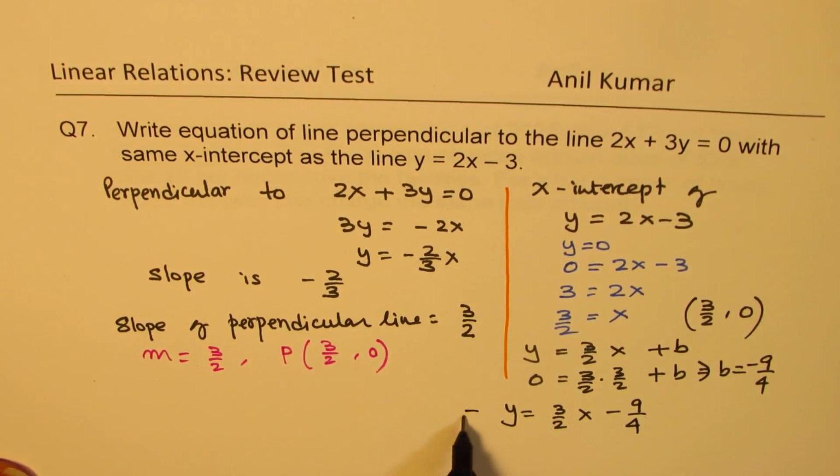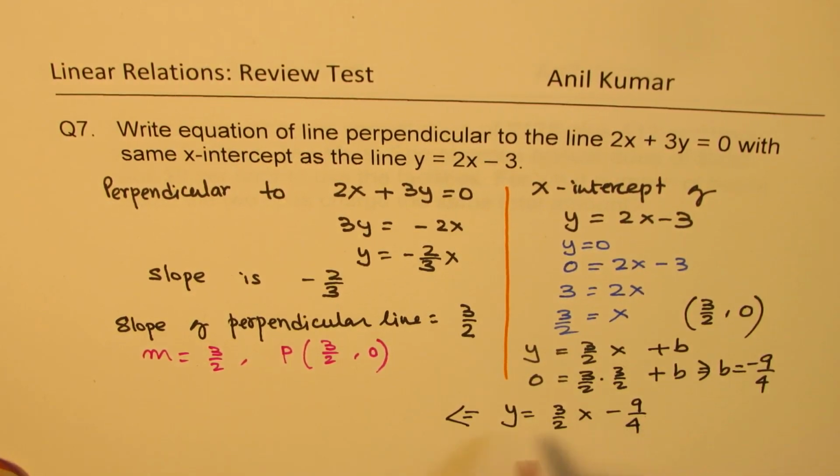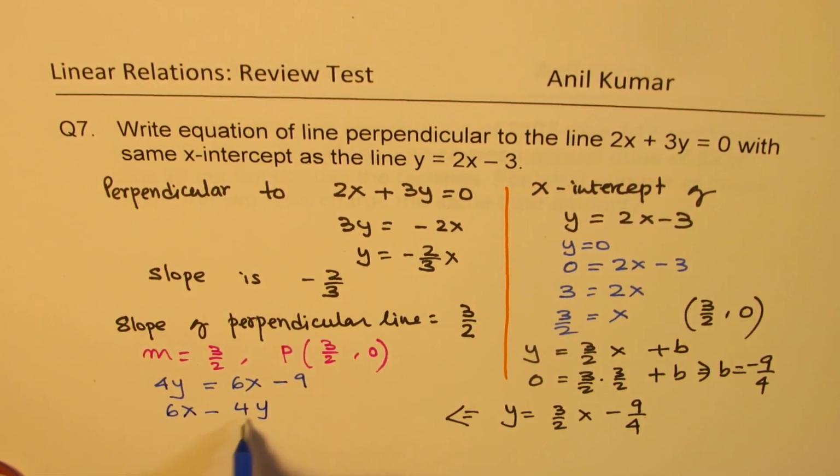So that will be our equation in slope-intercept form. We actually could convert this to standard form. Sometimes that may be the requirement. See how. We multiply everything by 4. So we could write this as 4y equals 2 times 3, which is 6x, minus 9, right? Bringing them all together, we get 6x minus 4y minus 9 equals 0.